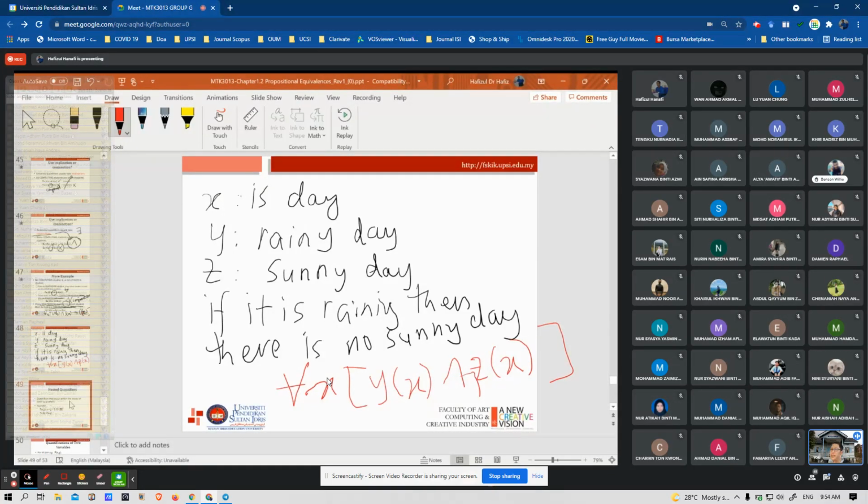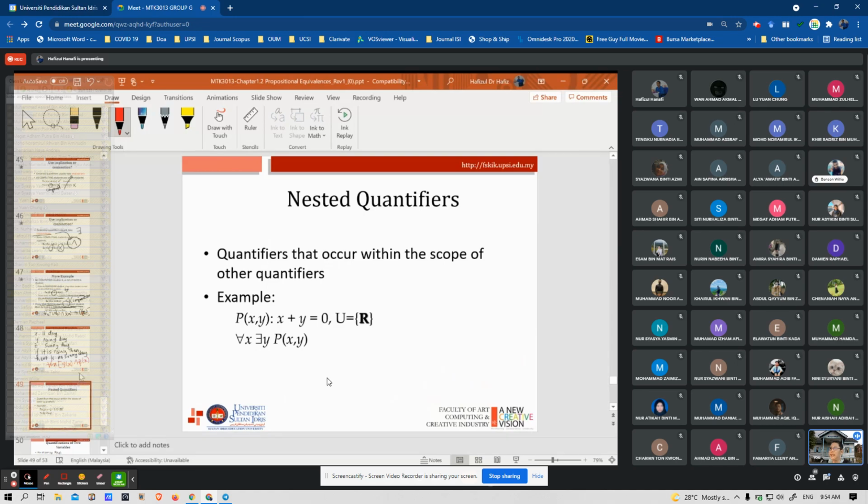Then you can also have nested quantifiers, where a quantifier occurs within the scope of another quantifier. For example, we have P(x, y), where x and y are variables, and x plus y is equivalent to 0. Then you have the universal quantifier over R, the scope.